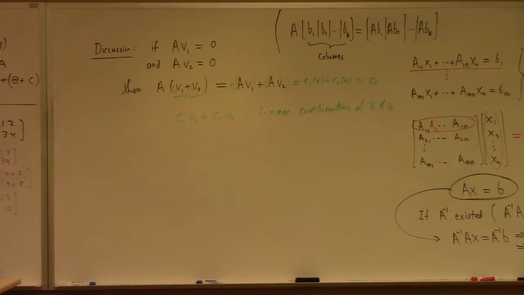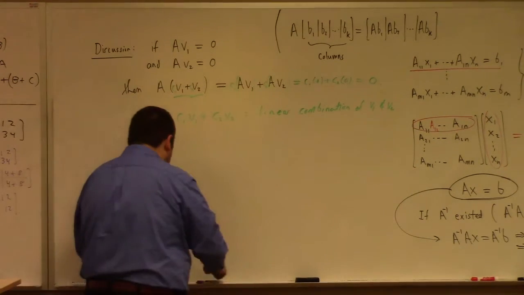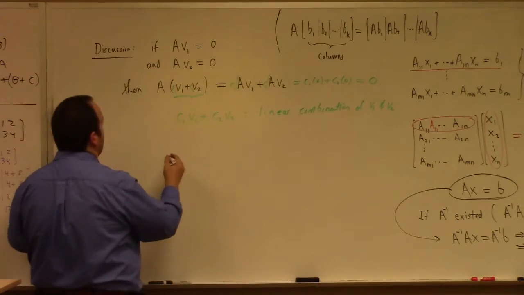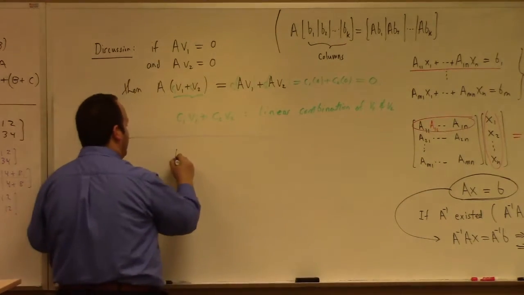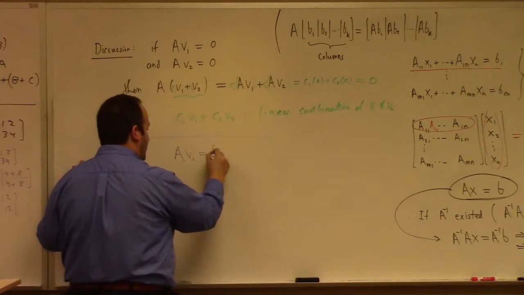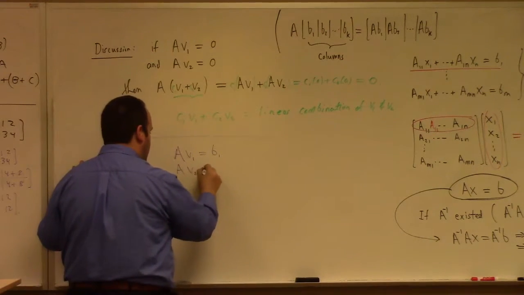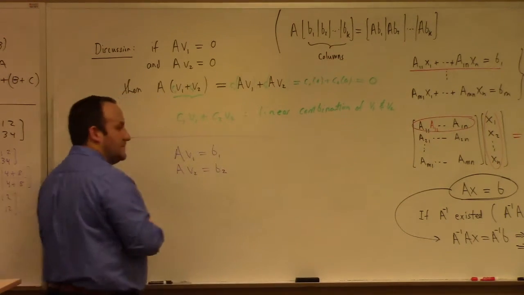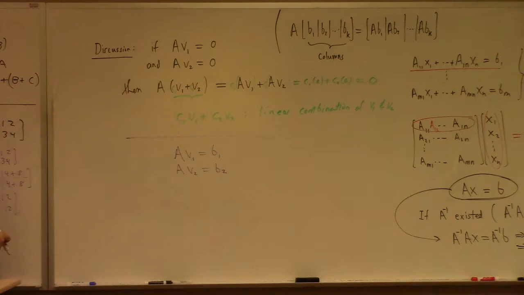If you think about that, that would be a much harder thing to convince yourself of in the scalar notation, right? It's absolutely obvious here. What if you had, let's raise the stakes a little bit again. What if I have AV1 equal to B1, and if I have AV2 equal to B2, right?